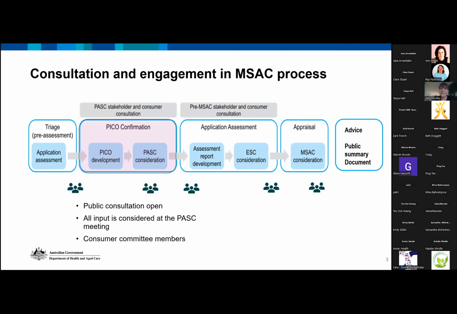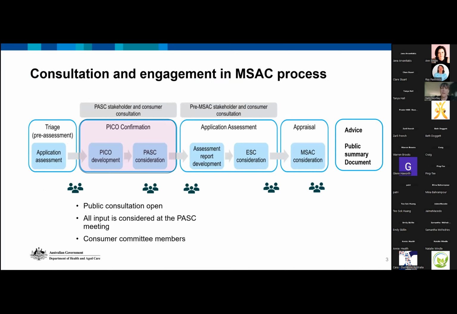So you would have seen this diagram that Jana had put up about the MSAC process. And what I want you to take away is that there's two distinct blocks of consultation in the MSAC process. One is at this stage before the PASC meeting, so the PICO Advisory Subcommittee meeting. And then there's another block of consultation that happens before the MSAC meets, so the Medical Services Advisory Committee.